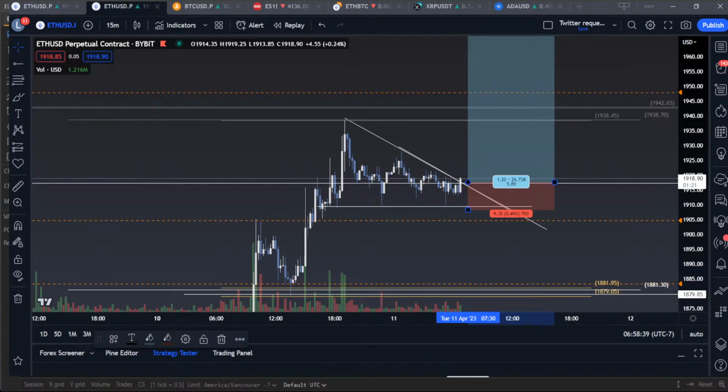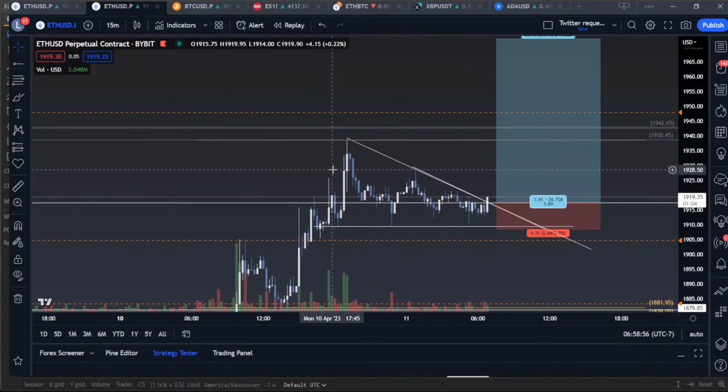But just understanding that you always have to use risk management. And there's no guarantees. Like, what's the odds of this trade working? Who knows? Could be 50%, could be 30%.